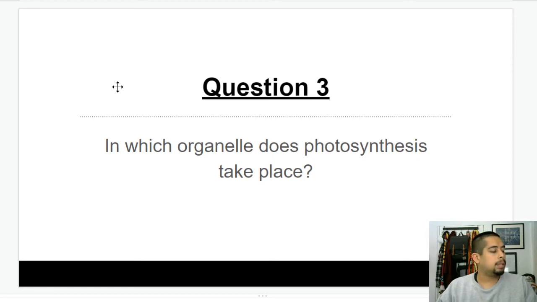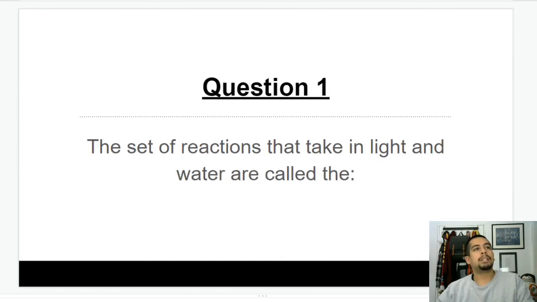What is the little organelle in which photosynthesis takes place? Okay, please submit your answers, and we're going to go back and take a look at the answers, all right?